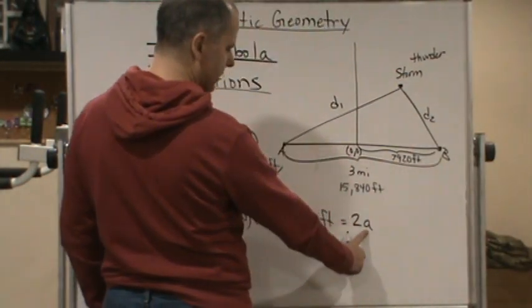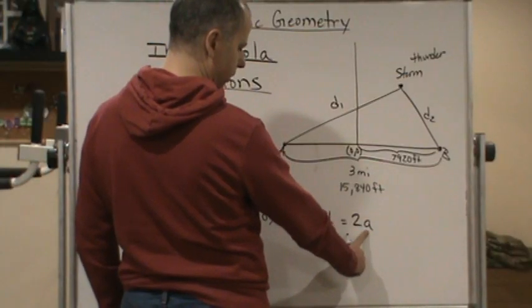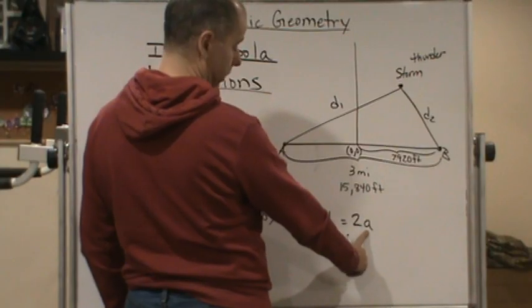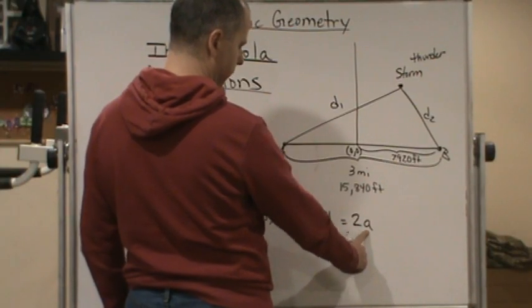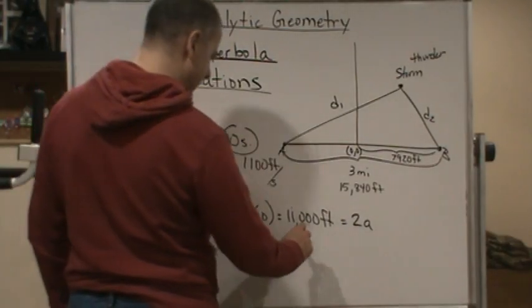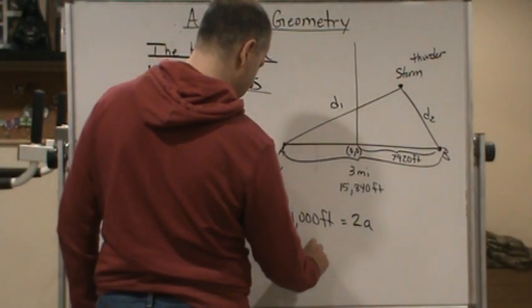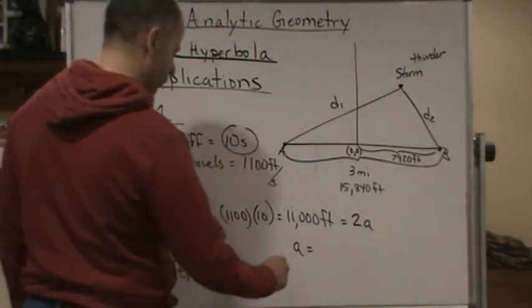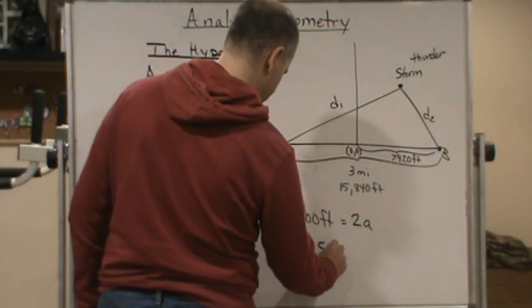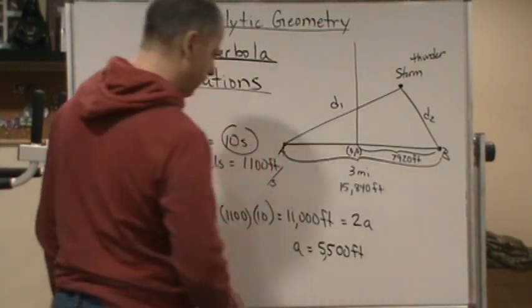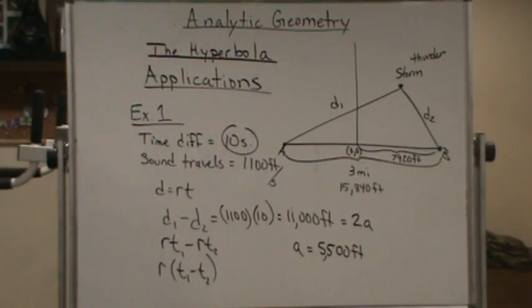Remember, the distance from the center to the vertex, one or both vertices, right? So now that means that a equals what? 5,500 feet. Okay?